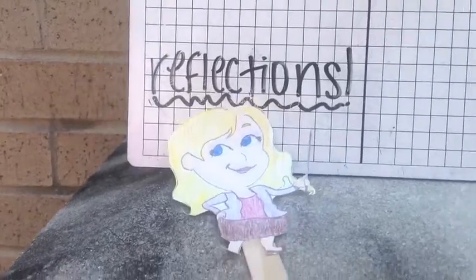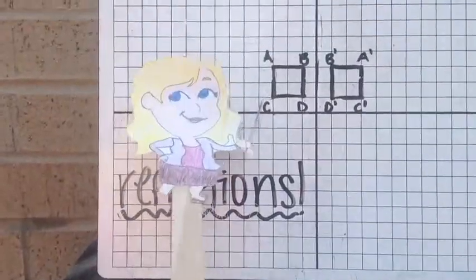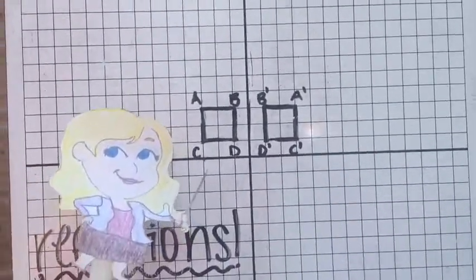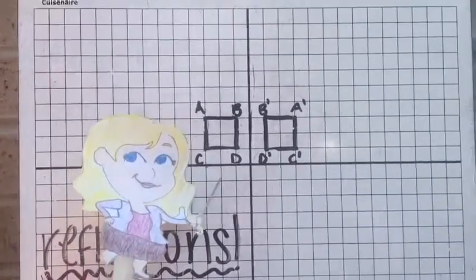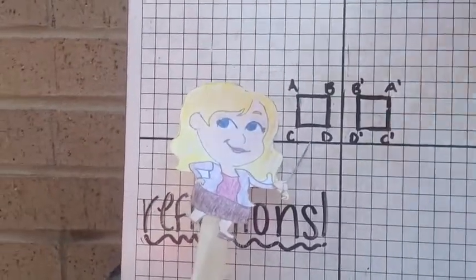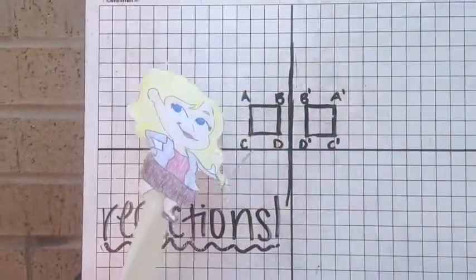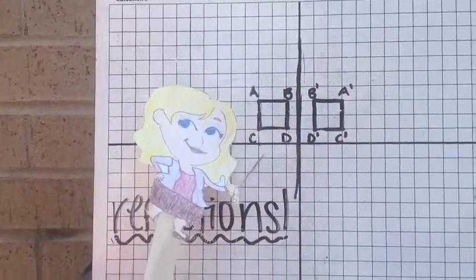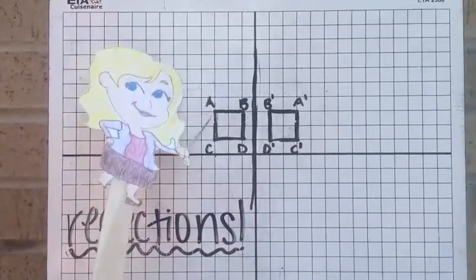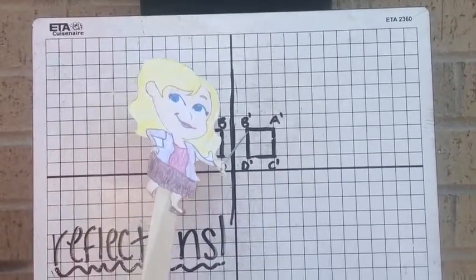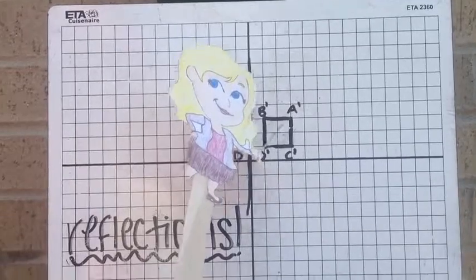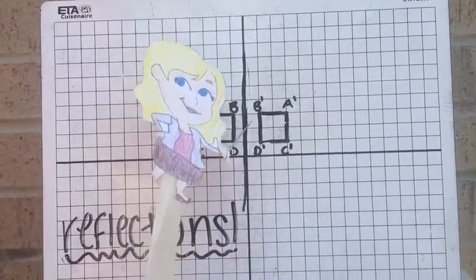Explaining reflections. When reflecting a figure across a line, it is very important to have each point be the same distance from the line. Here, we will be reflecting this square over the y-axis. The point A is 3 units left of the line, so point A prime needs to be 3 units right of the line.